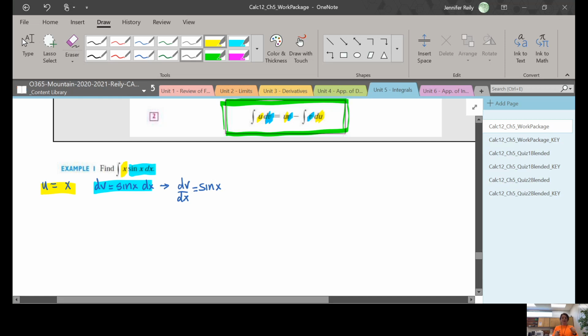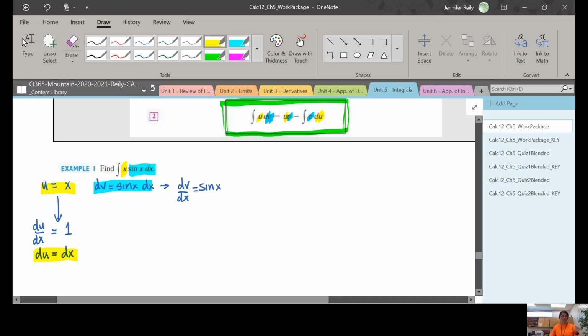Now we're going to write the rest of the formula. The rest of the formula, as you can see, involves v, and it also involves du. So we need to write down what those are equal to. So if u is equal to x, then we find its derivative in order to find du. So du by dx would be 1. Just rearrange that equation. You get du equals dx.